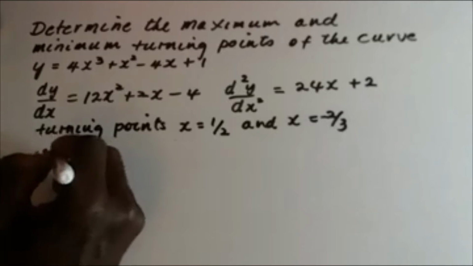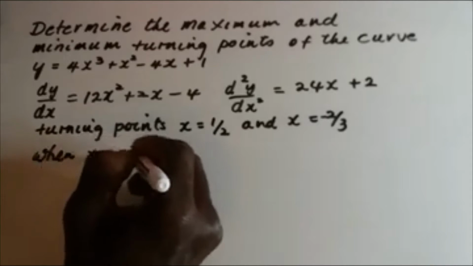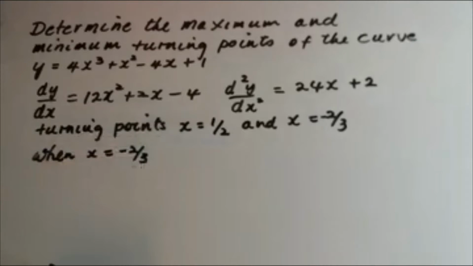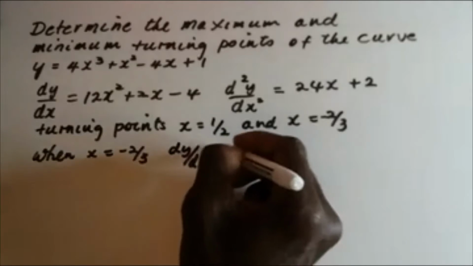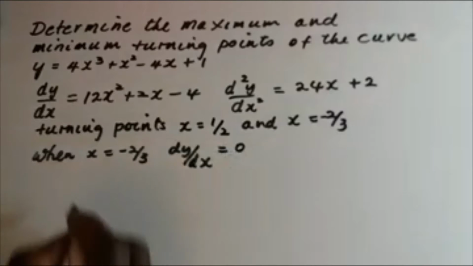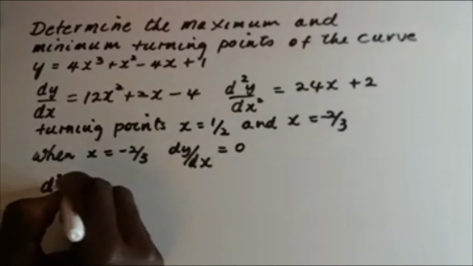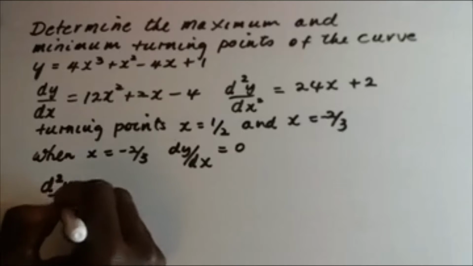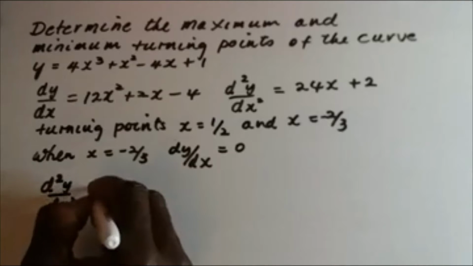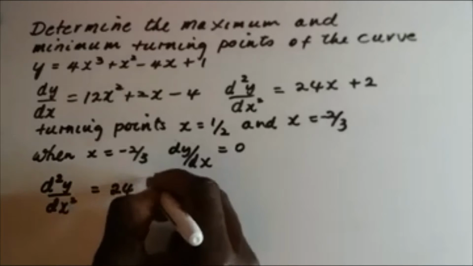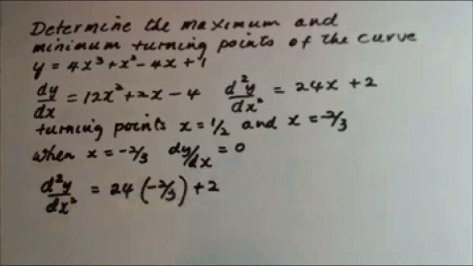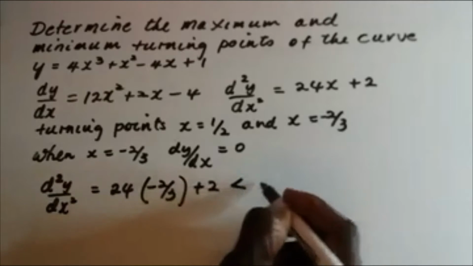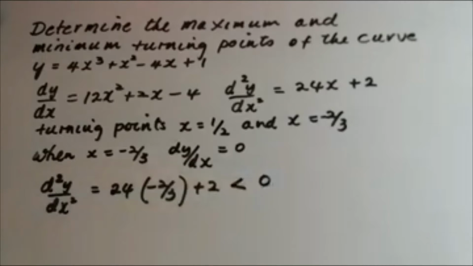So when x is equal to minus 2 over 3, we have dy/dx, the turning point, is 0, and our second derivative, d2y over dx squared, is equal to 24 times minus 2 over 3 add 2. And this is clearly less than 0 because it's negative.